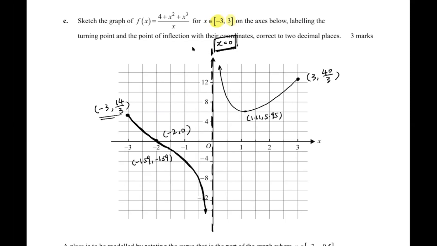You can see I'm taking extra care when I'm drawing a graph question. Okay, this should be fine.